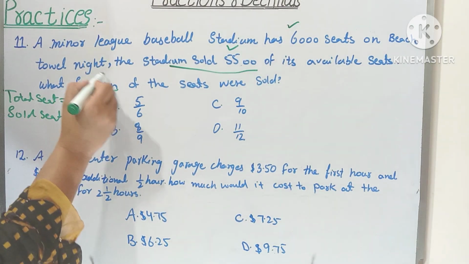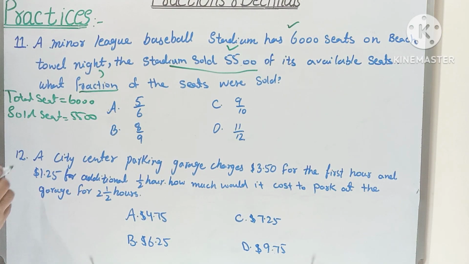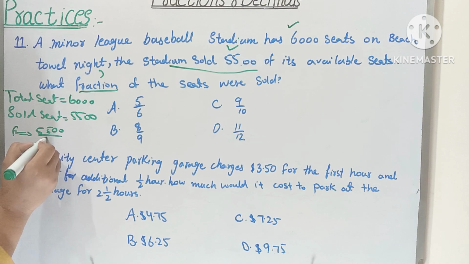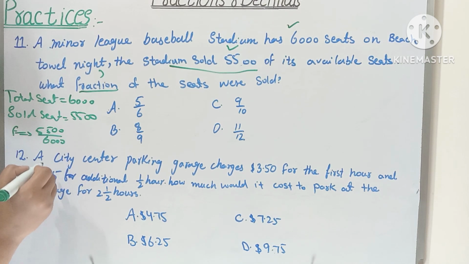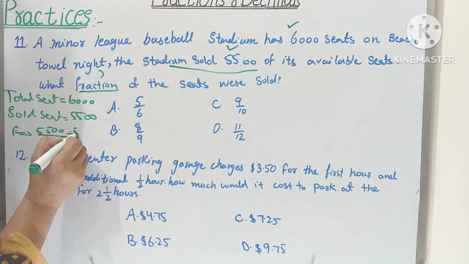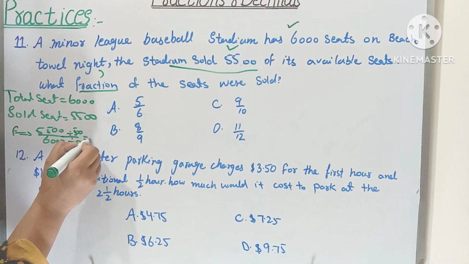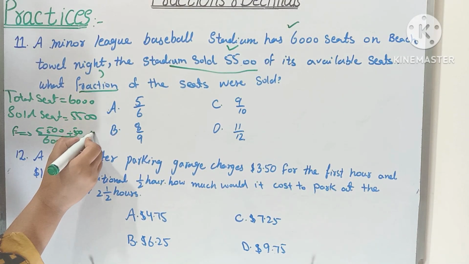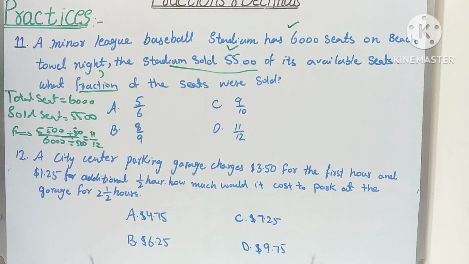What fraction of the seats were sold? So the fraction will be 2,500 divided by 6,000, and when we divide both by 500, the answer will be 5/12. Now my final answer is 5/12 of the seats were sold. So it corresponds to option D.